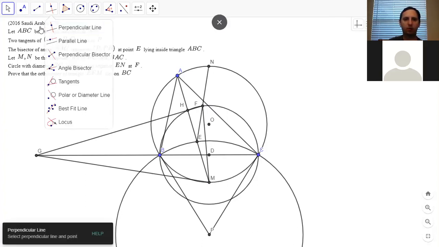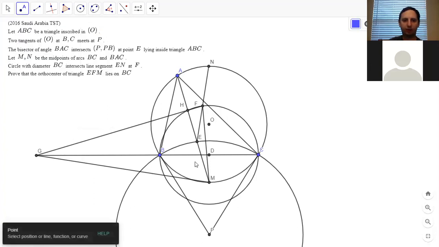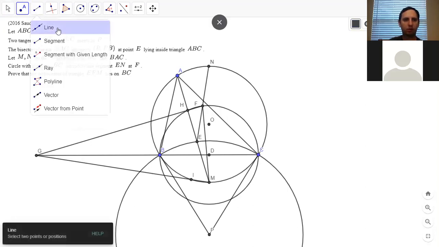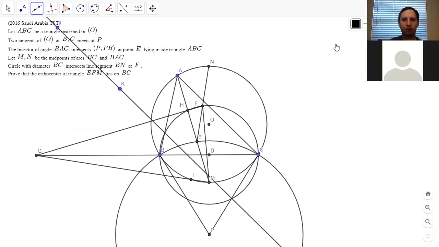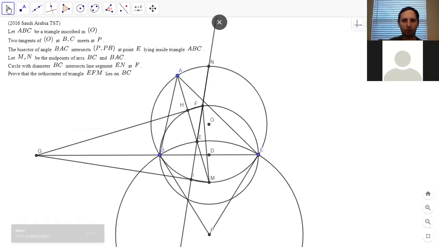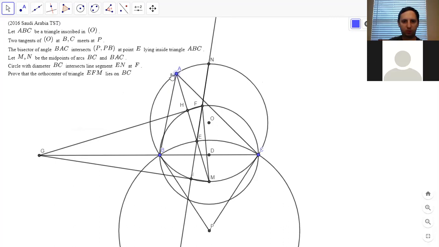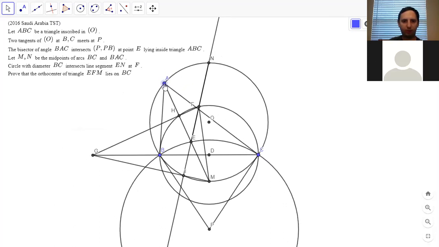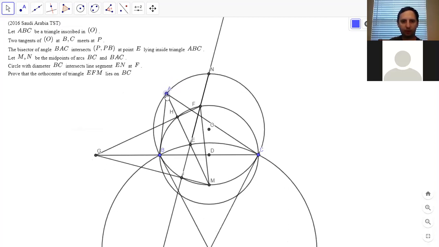Let's see. I wonder if this point is special right here. Does that always pass through it? Huh, interesting. So basically, that would mean FHIM is cyclic.